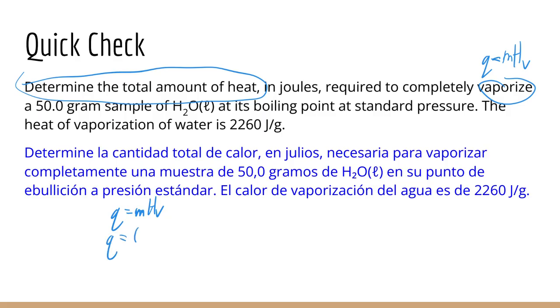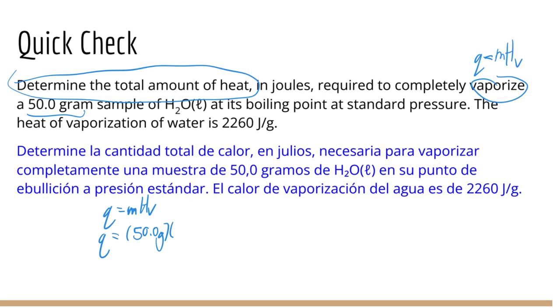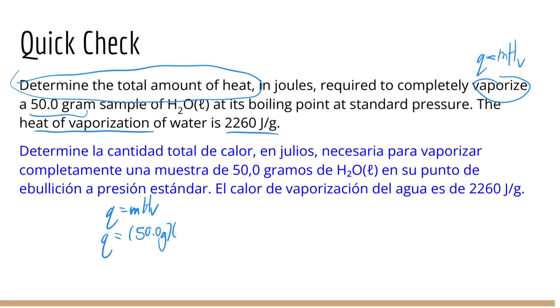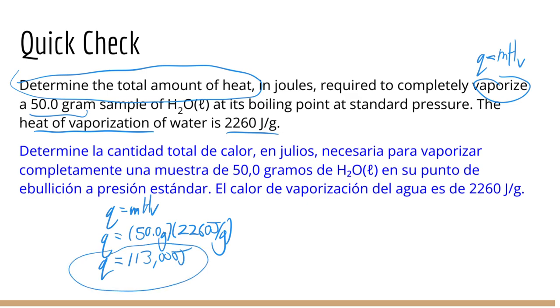Our mass is given to us as 50 grams, 50.0 g, and our heat of vaporization is given to us as well, 2,260 joules per gram. And when we multiply that through, we get 113,000 joules. And that's our answer. So that's how we do heat of vaporization and heat of fusion questions.